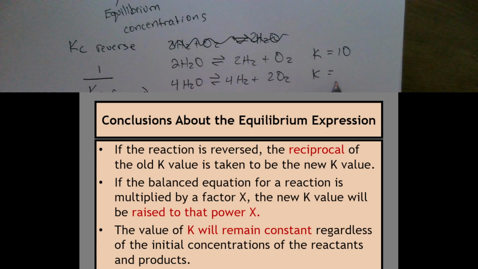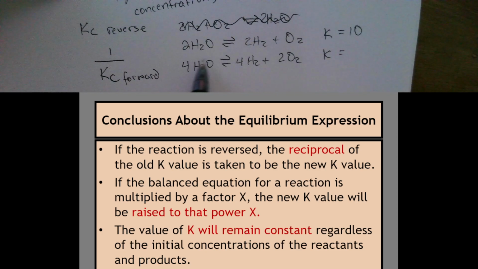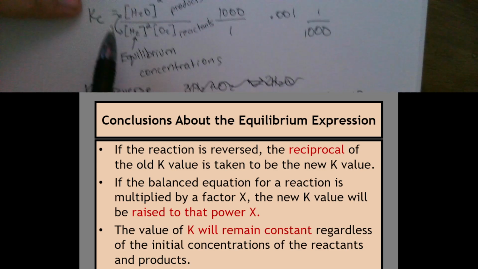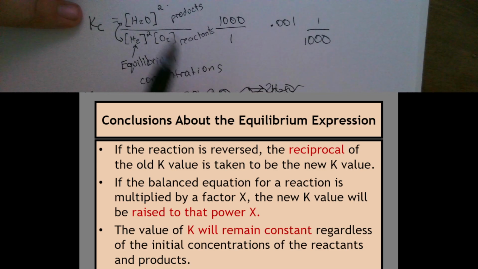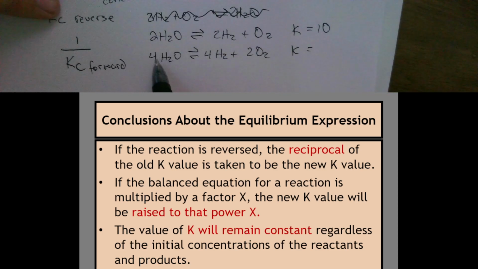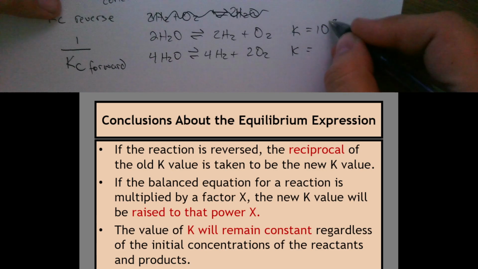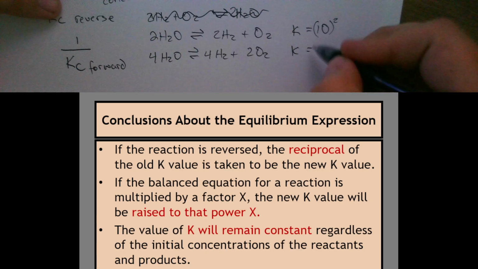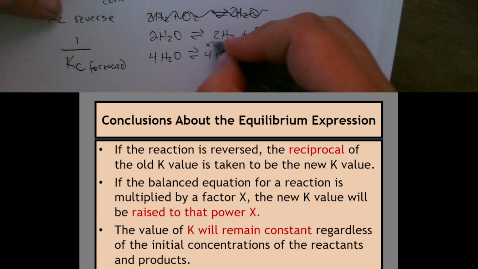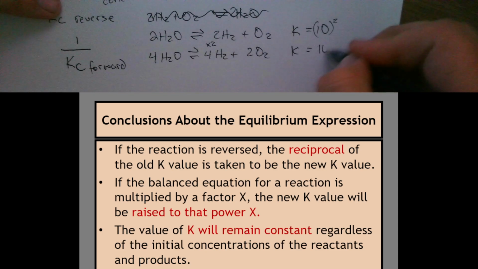I think the most obvious thing to do to K would be to double it as well. But remember, when you plug these in to Kc, you're taking the coefficients and instead turning them into exponents. So if you double all these exponents, you really need to square the K from the first one. So I multiplied everything by 2 here, raise it all to a factor of 2. So I'm going to take this and square it to get 100.